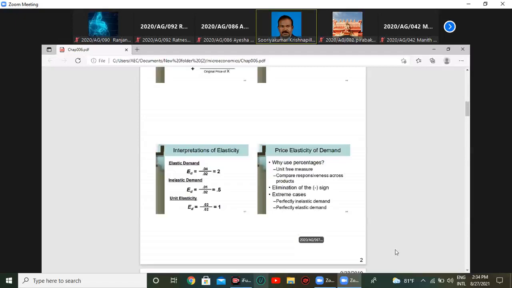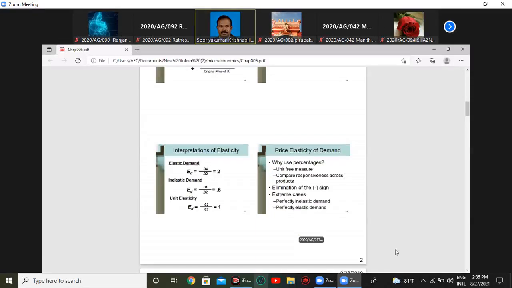You should be able to tell and know the meaning. If the elasticity is greater than 1, that demand is elastic demand. If the elasticity is less than 1, that is inelastic demand.